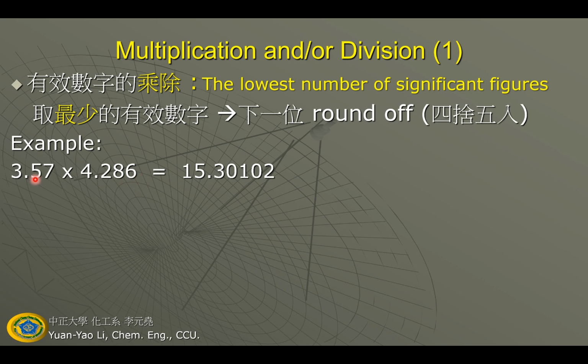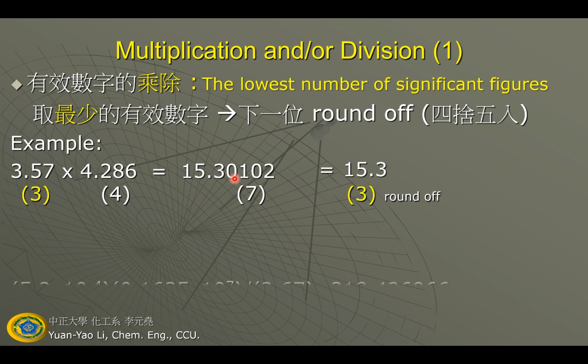Then you have 3 significant figures, and you have 4. The answer you will get will be 15.301102. Then you have 3 here, 4 here, and 7 here, significant figures. In the end, you need to choose 3. So 1, 2, 3, and 0 here. You round off here, so you have 15.3.